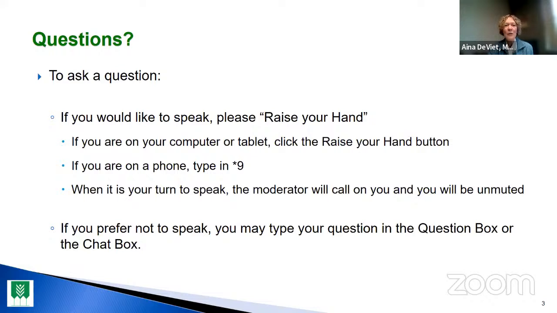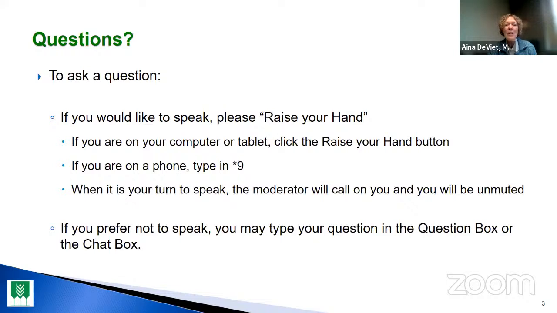If you'd like to ask a question, you have a couple of options. If you're on your computer or your tablet, you can click the raise your hand button, and then the little yellow arm will show up and we'll know that you want to ask. But if you're joining us by telephone, you'll need to type in *9.